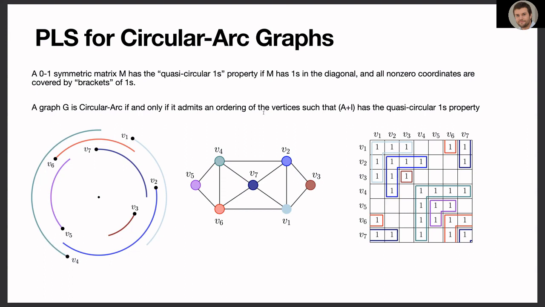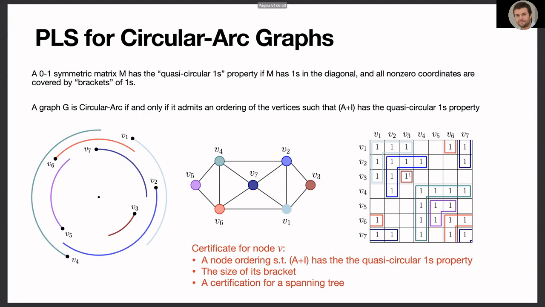And a graph is circular arc if and only if it admits an ordering of the vertices, so that we can arrange the vertices of the graph in a way that, if we add ones on the diagonal, the matrix has the quasi-circular ones property. So the certification is quite simple. We give the ordering to the vertices such that the graph has the quasi-circular ones property.